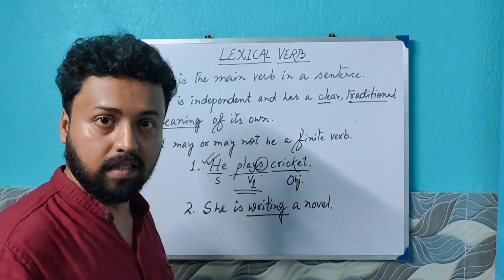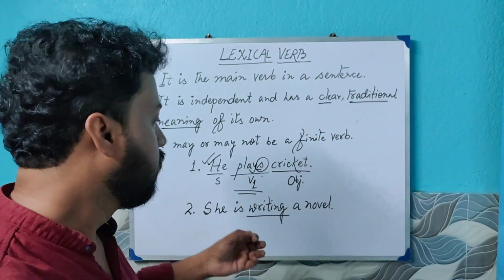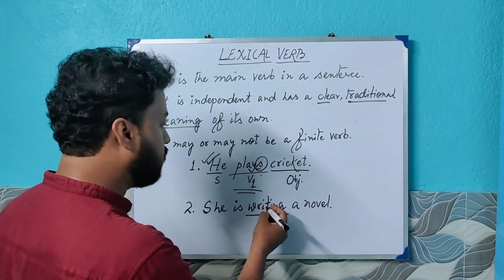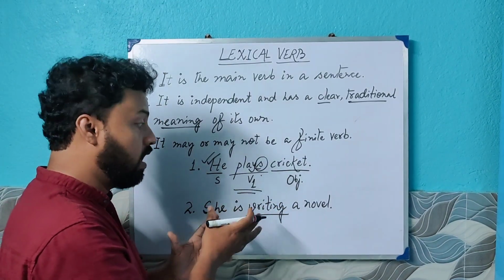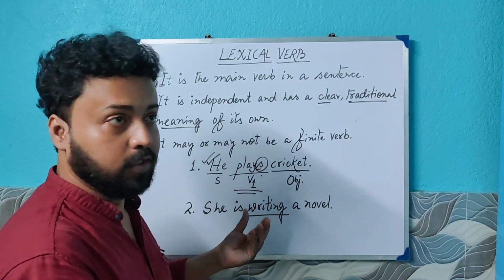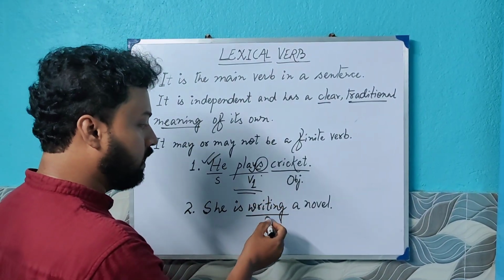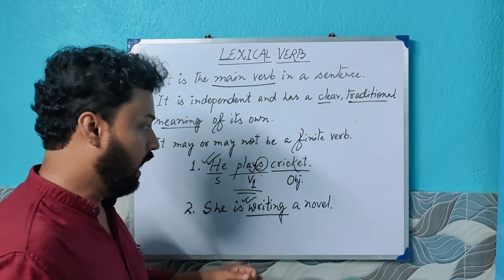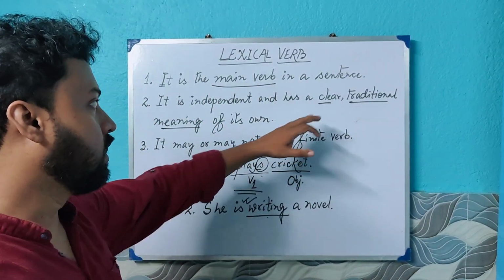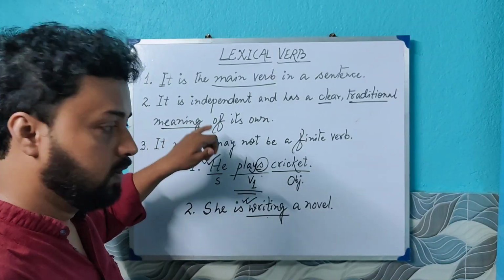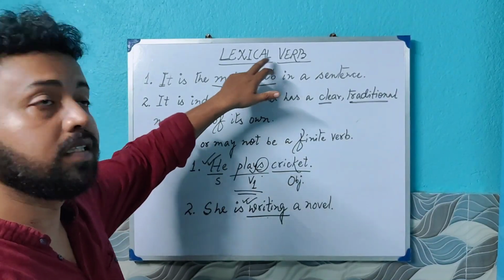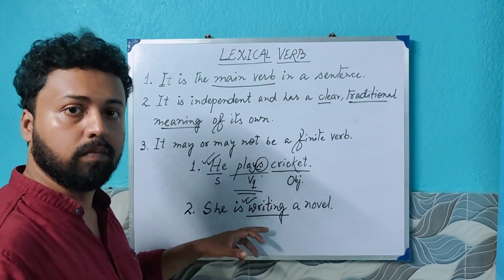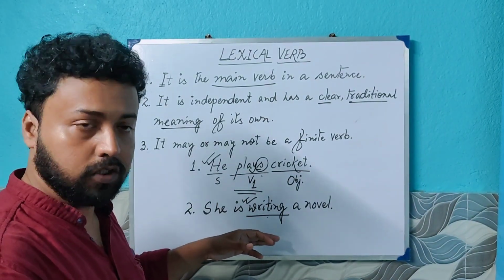With a pen or a pencil or anything, or a chalk on a board. So this carries a clear meaning, and it is also expressing the main idea of this sentence, that she is writing a novel. So it expresses the main idea of a sentence, therefore it is the main verb, and then it is also expressing a clear traditional meaning. So the verb writing here is a lexical verb. Okay, we have learned this word from the dictionary, from the vocabulary of the English language.